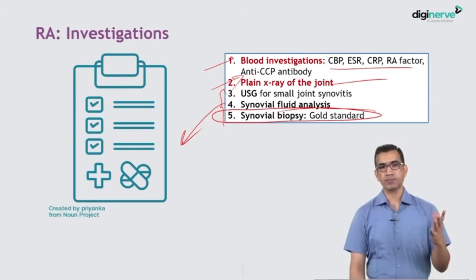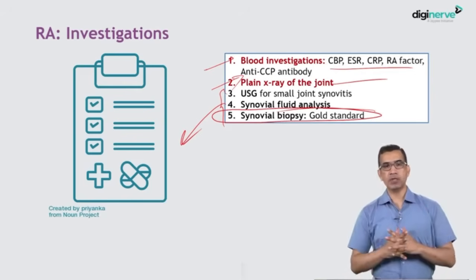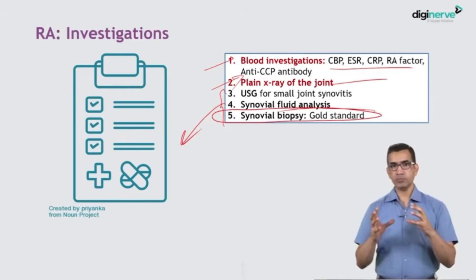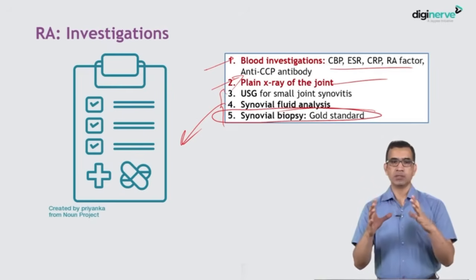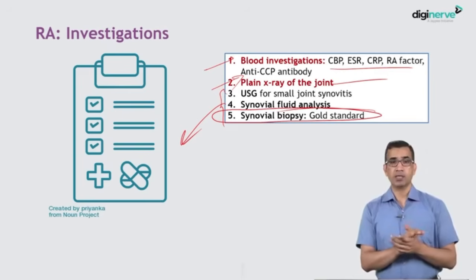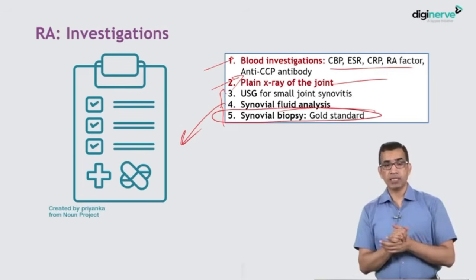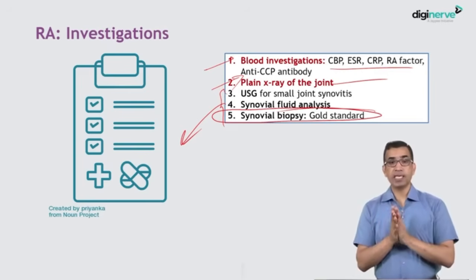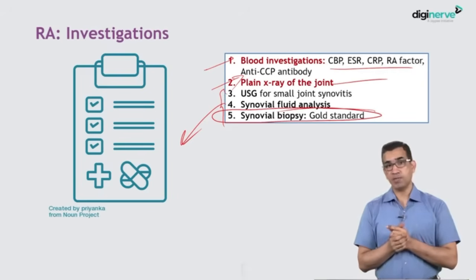I will repeat: acute monoarticular exacerbation of a joint in a known case of rheumatoid arthritis should be investigated for septic arthritis unless proved otherwise.